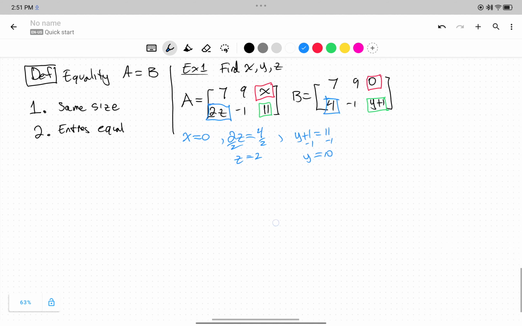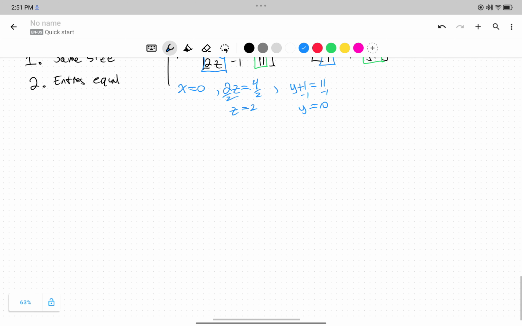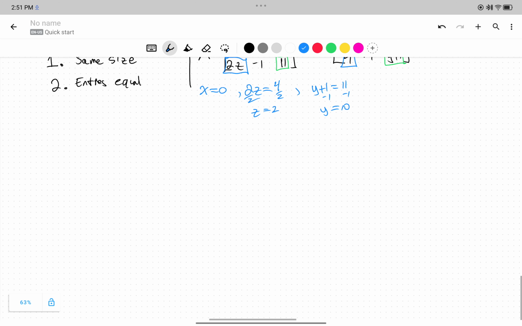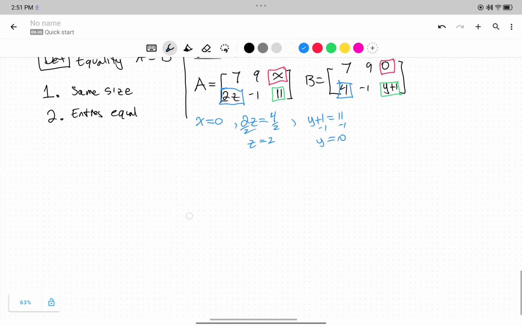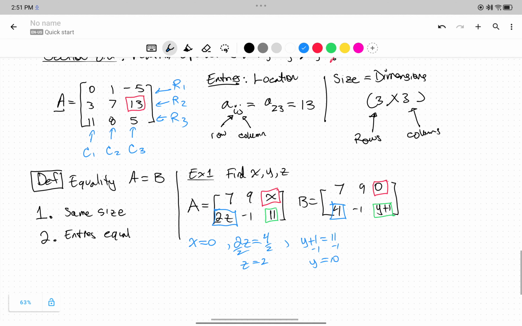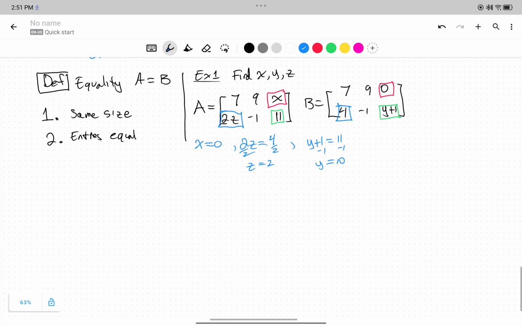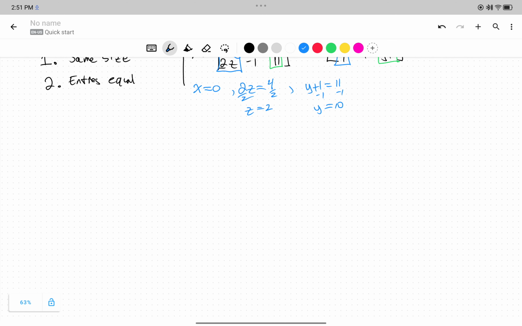Okay, let's keep going. Now, if we consider a matrix, it is built from a bunch of small matrices. I like to think of them as the building blocks, the basic types of building blocks.